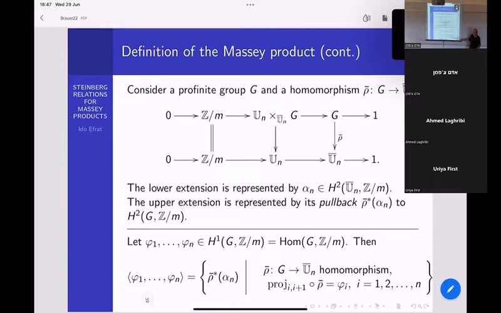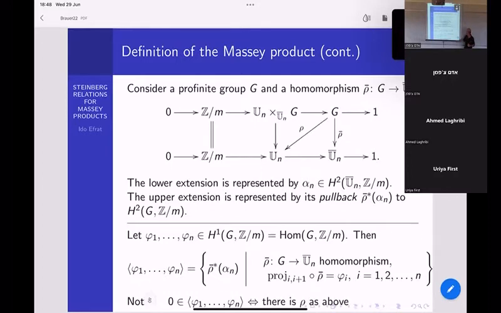When is this non-empty? It's non-empty precisely when you have such a homomorphism with the phi i's on the super diagonal, so a homomorphism into the punctured matrices. It's also important to know when does this set contain 0. It contains 0 if you have such a pullback extension which is trivial, which means that it splits.